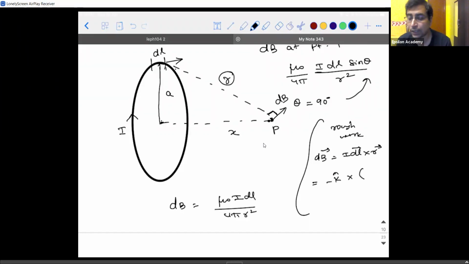What is the direction of r? If I keep my hand like this and take this as the origin, what did I say this direction is? Is it not positive x-axis? You can also keep your finger like this. To the right of the finger it is positive x-axis.